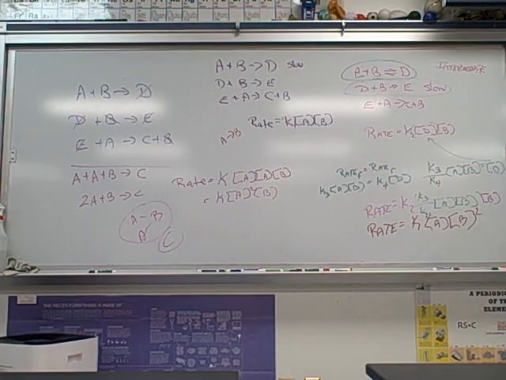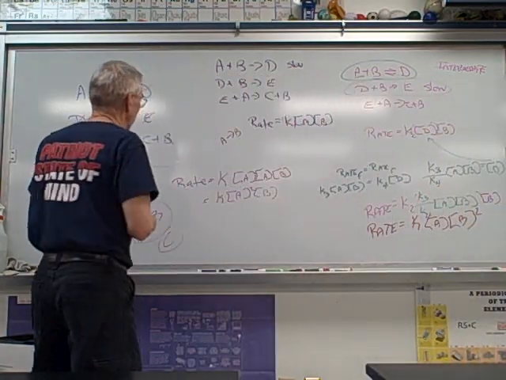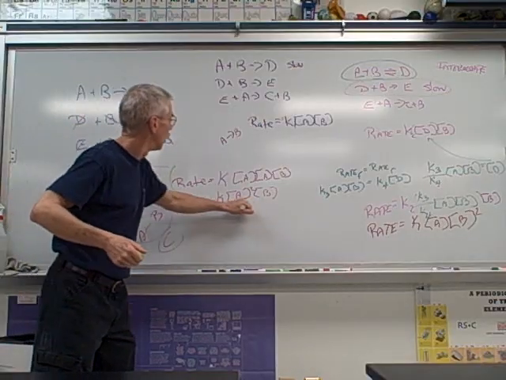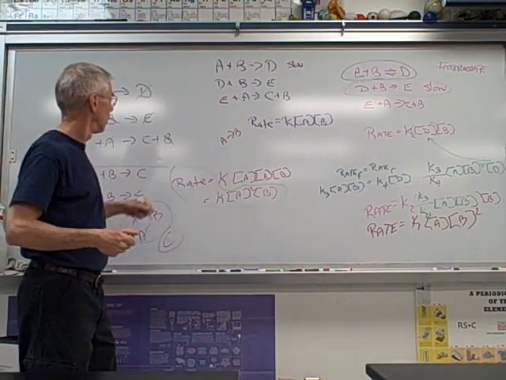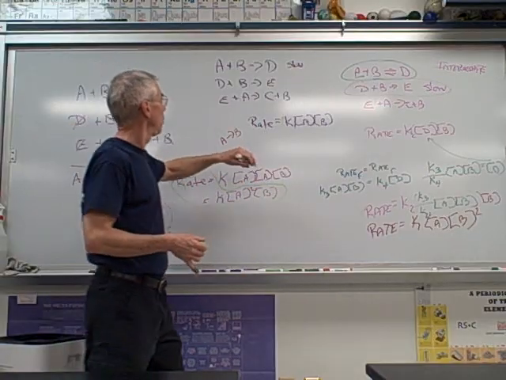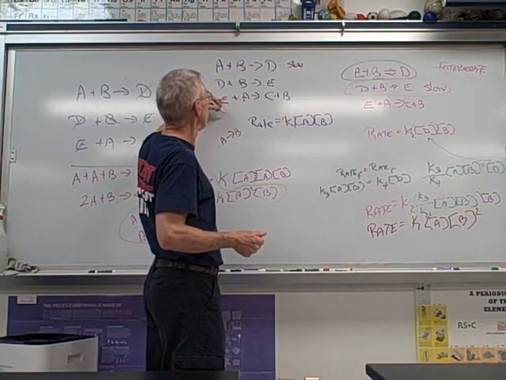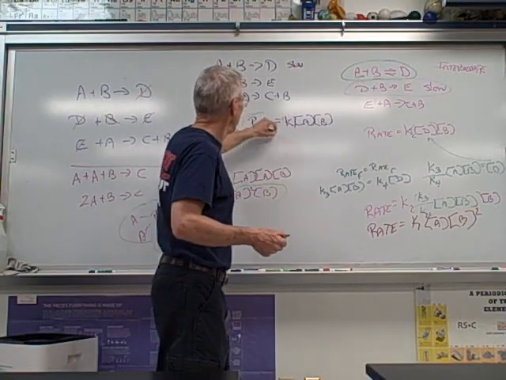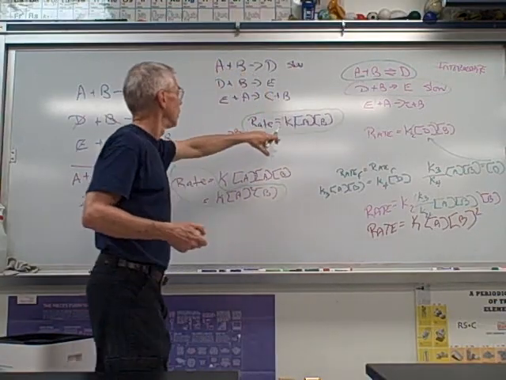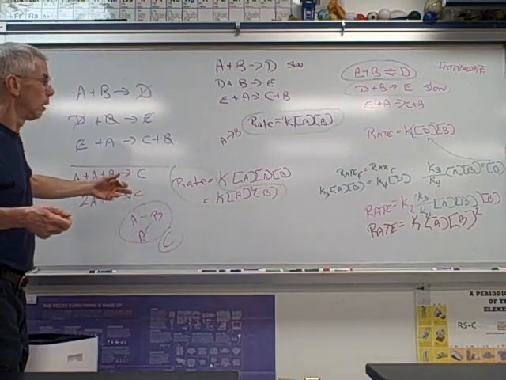So let's review. If it were a one-step process, the rate law would be this: k, A squared, B. If the first step is slow and then the remainder of the steps occur rapidly, the rate would be k, concentration A, concentration B. Different rate.